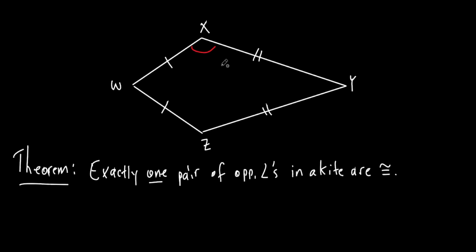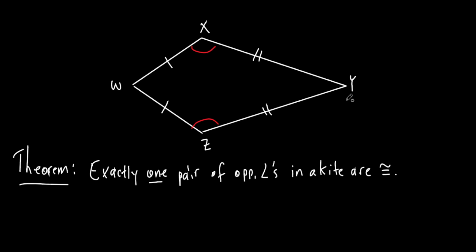So this angle right here and this angle right here are the ones that are equal to each other. How did I know that those were the ones that are equal to each other? Well, they're the ones between the 2 non-equal sides. Everybody got that? You writing this down? If you're writing it down, it'll help you keep awake. All right, for those that are nodding off, write this down. Okay? So these 2 angles are equal to each other.